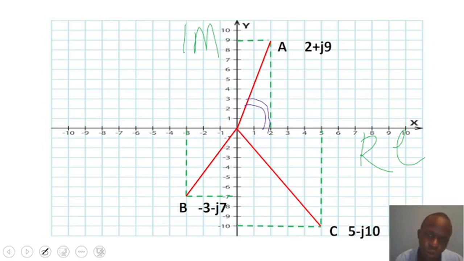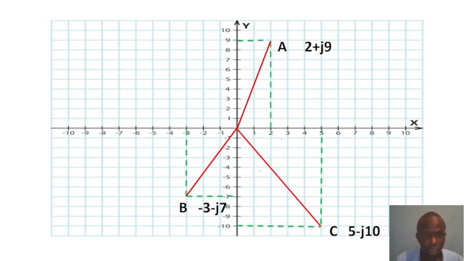We normally use a convention such that angles in the anti-clockwise direction are said to be positive, while angles moving in the other direction are said to be negative. We are going to see that later in the polar form of complex numbers. Now let us proceed further.